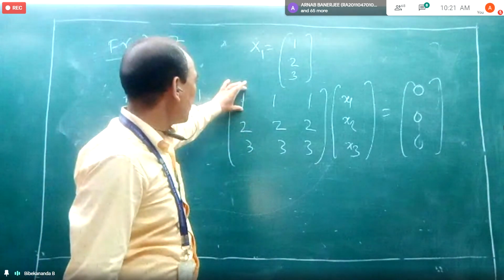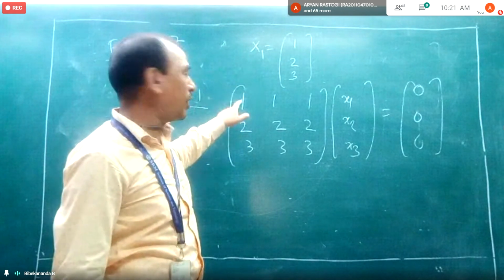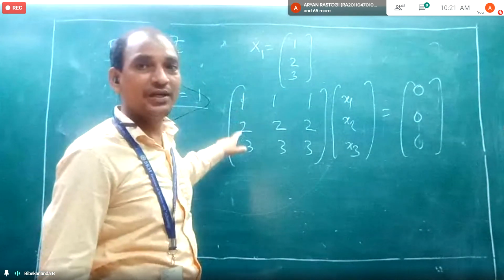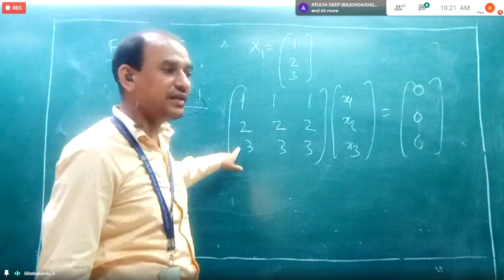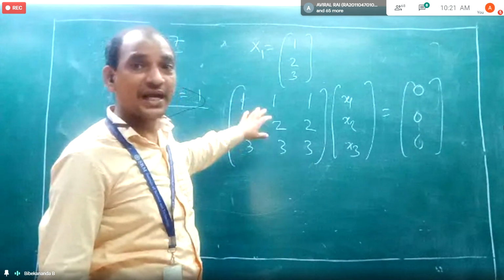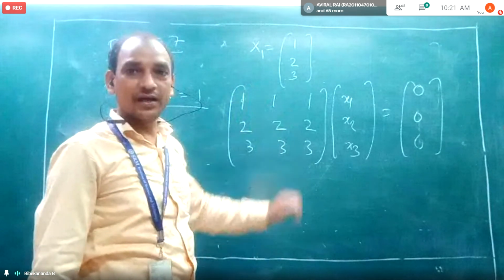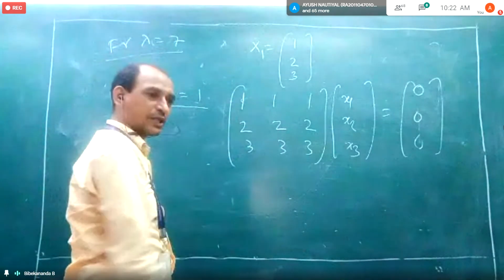Because if I take the starting row as 1, 1, 1 and multiply it, I will get the second row. If I multiply the first row with 3, I will get the third row. So all are identical, with some constant multiple. And so no need to write three expressions.